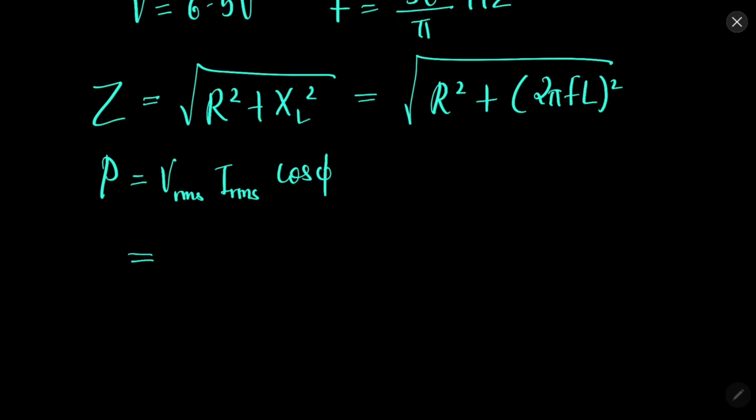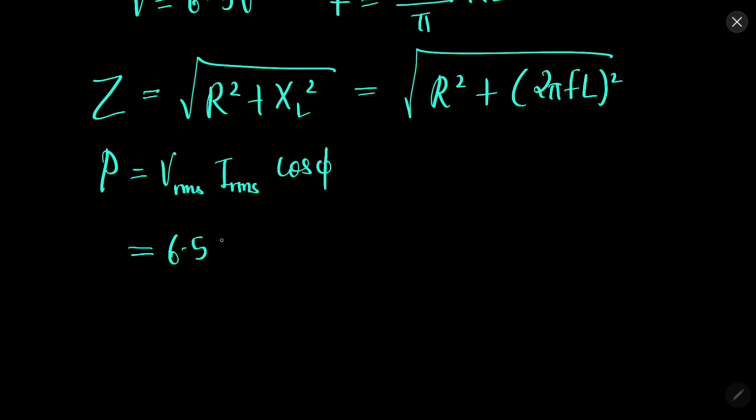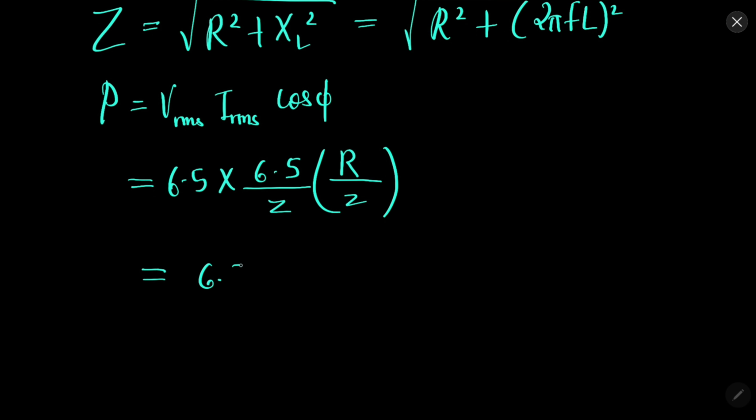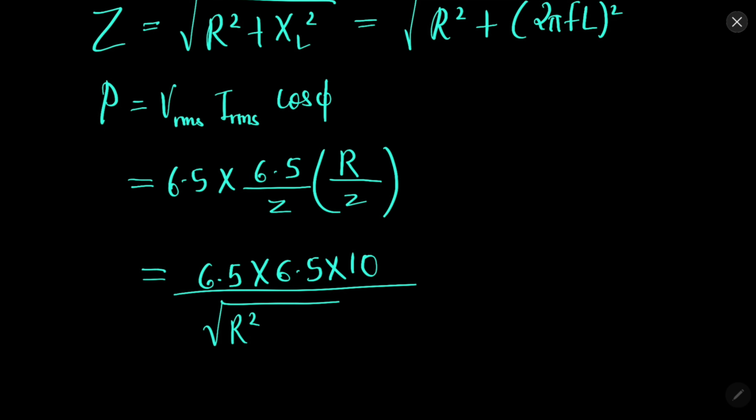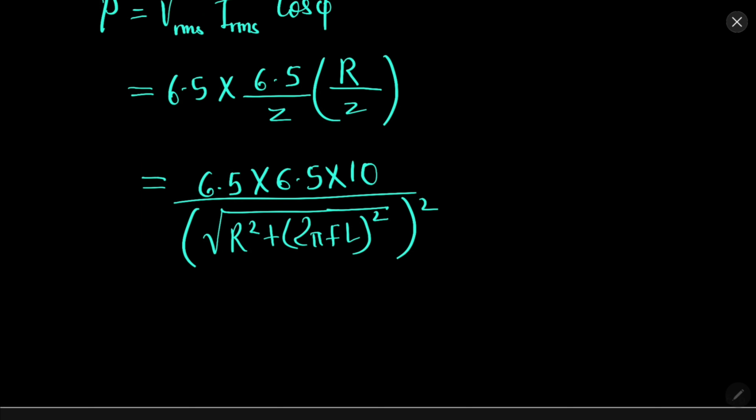So Irms is 6.5 by Z and cos phi can be R by Z. R is 10, Z is root of R square plus 2 pi F L whole square, and its square, so the root will get cancelled out.